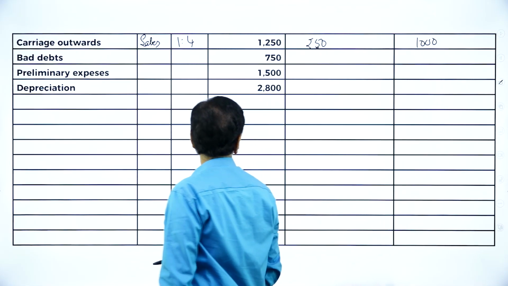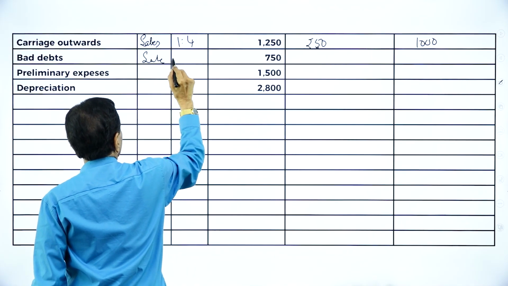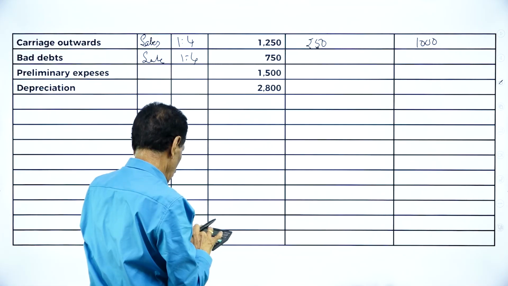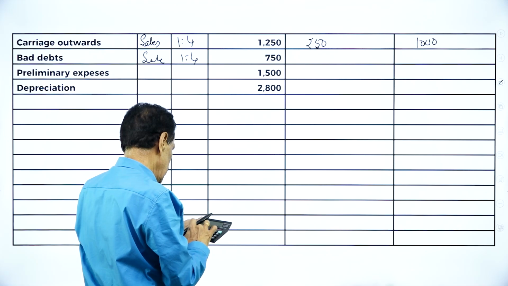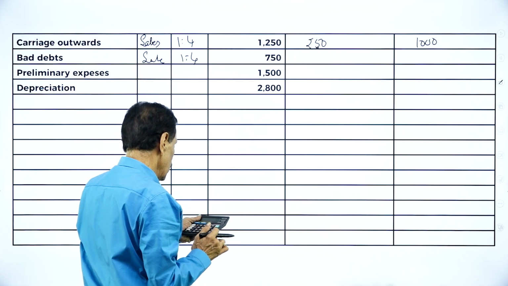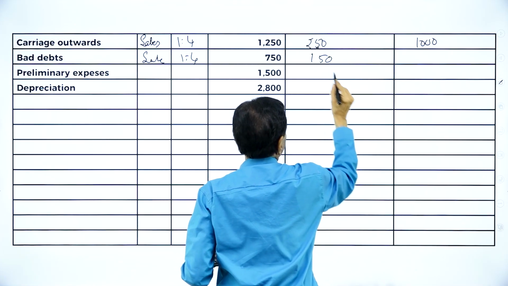Then bad debt on sales ratio 1:4, 750 into 1 divided by 5, 150, 600.